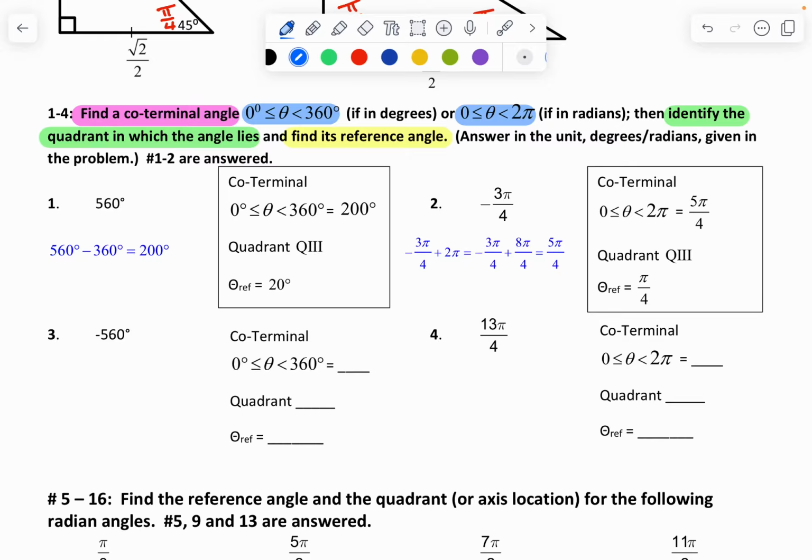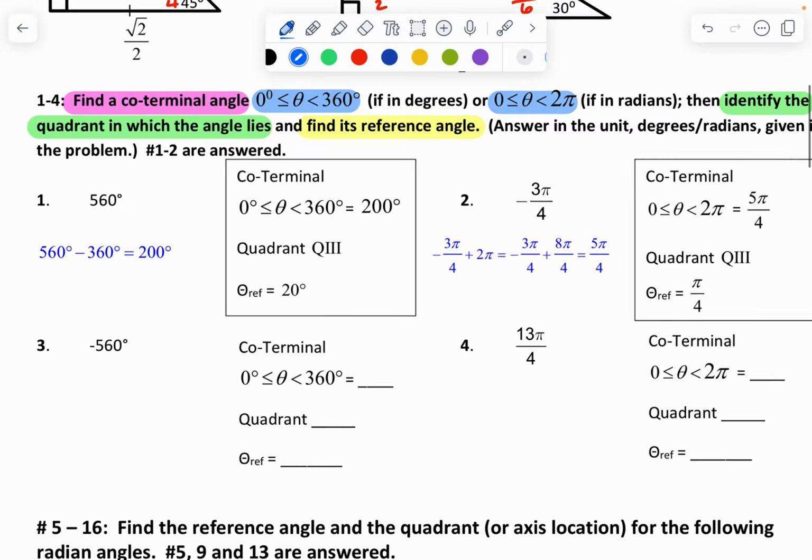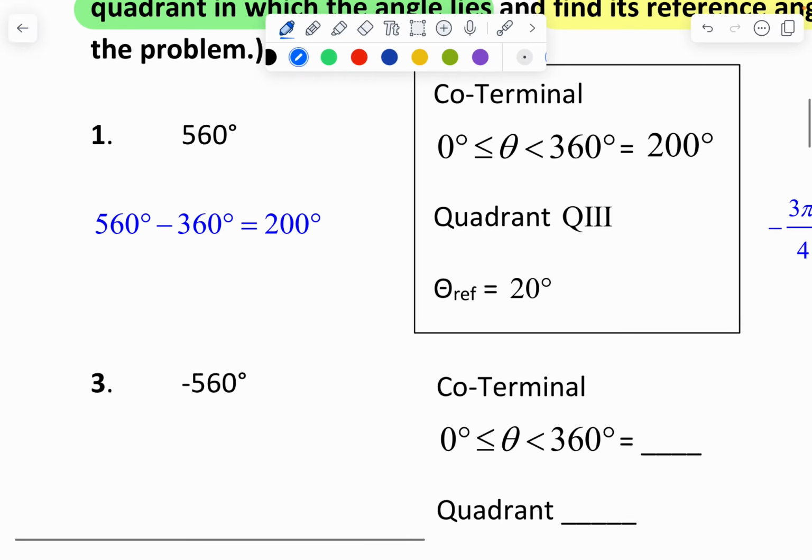And this first one, 560, was too large. It didn't fit into the restricted range. So we had to take a turn away, okay? 1 turn. Had to take a turn away so that you could get it into the range.